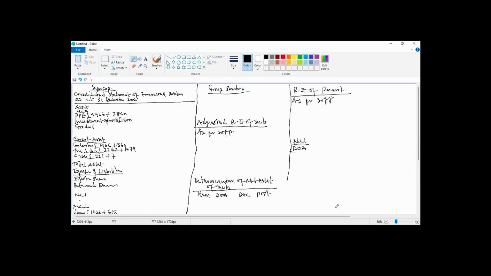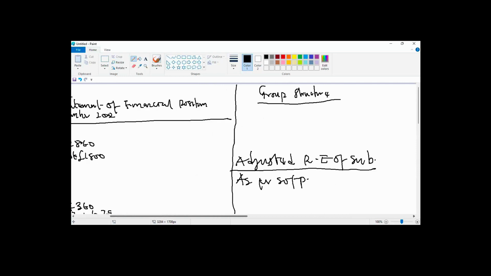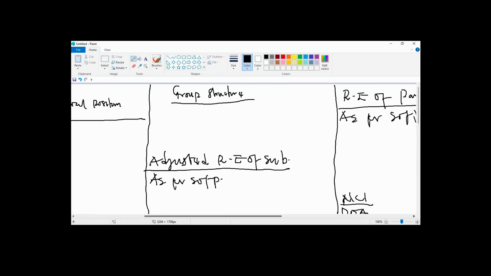Let's read the retained earning at SOFP. Retained earning of the subsidiary as at SOFP. If you go to the question, it's 1520.